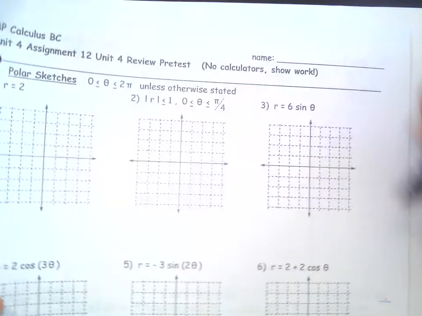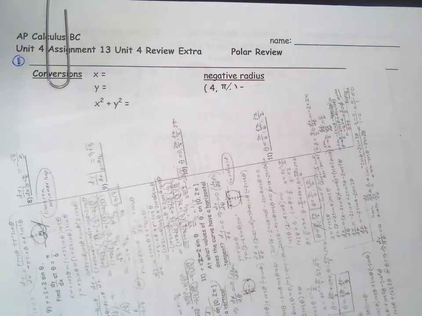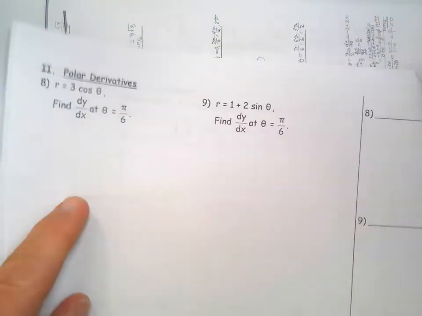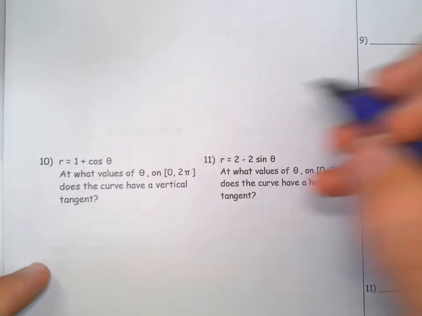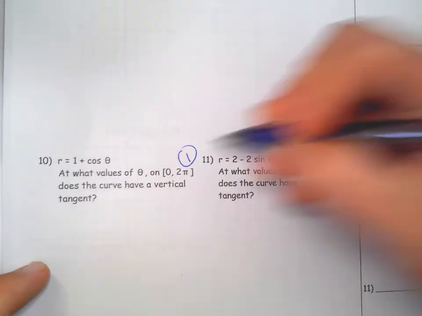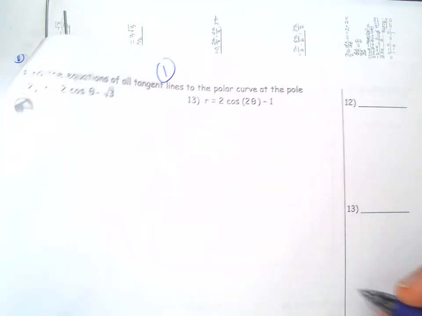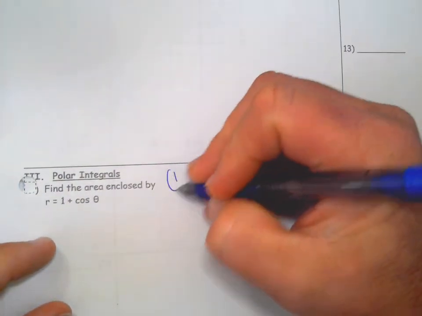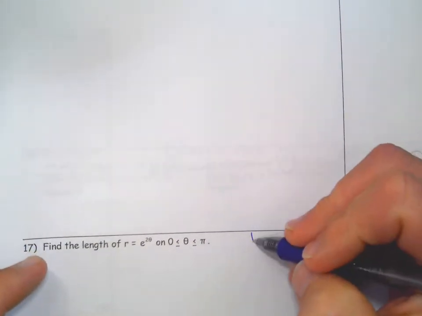So probably 4 of these on the first page. And then probably one of these from 8 and 9, probably one of these from 10 and 11, probably one of these from 12 and 13, probably one area problem, and probably one length problem.